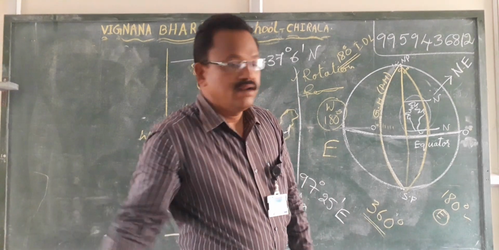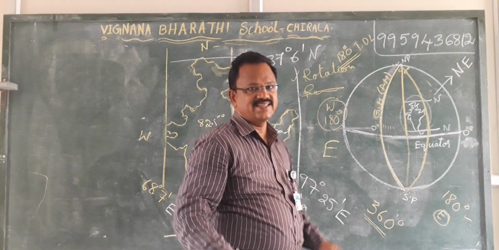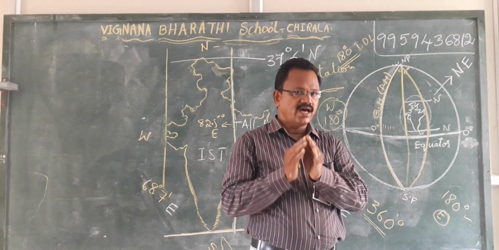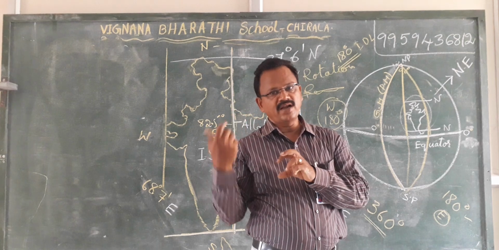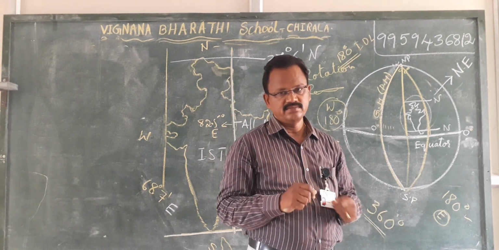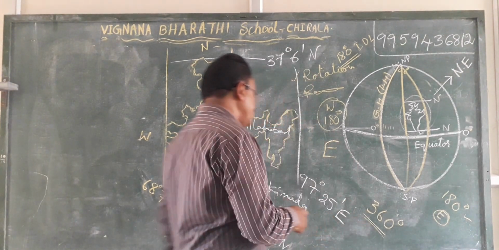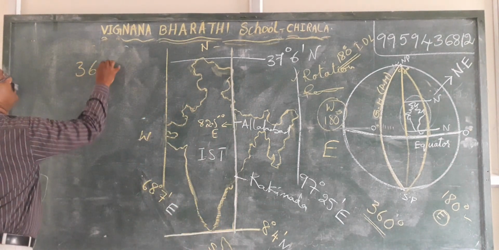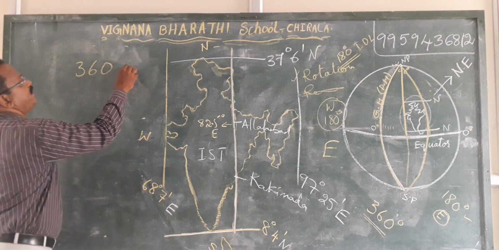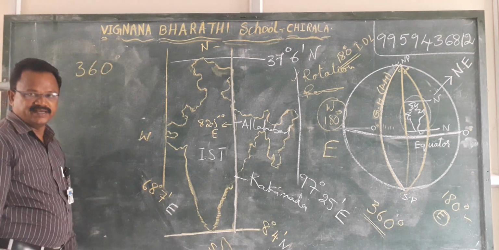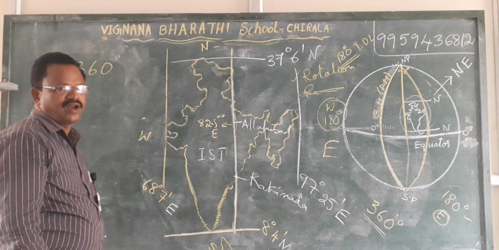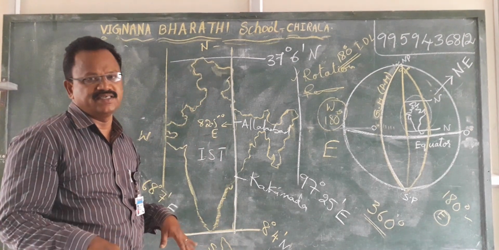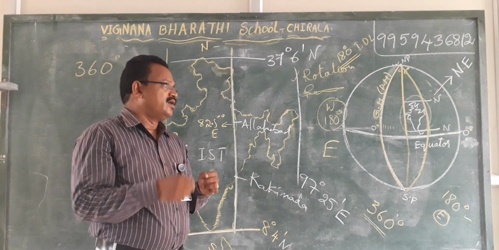Now let us try to understand the total number of longitudes or degrees and total time for one rotation. Here 360 longitudes or 360 degrees. For each degree one longitude, in that sense 360 longitudes or 360 degrees.